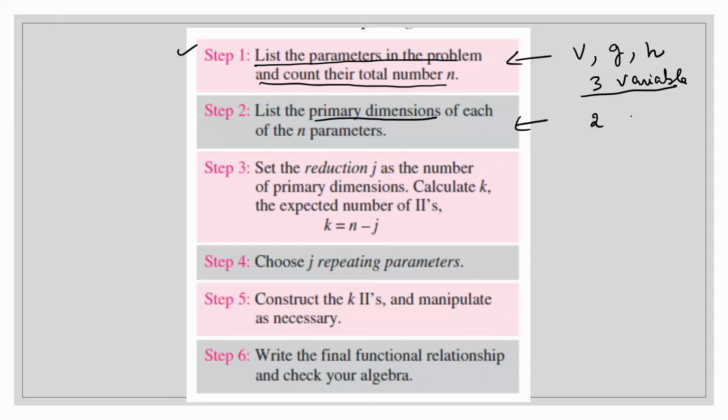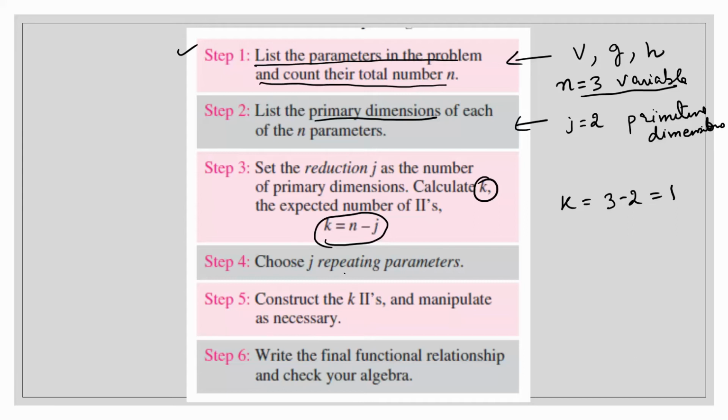There were two primitive dimensions, L and T. Then we have to calculate k, which is equal to n minus j. So this is n, this is j, and then we need to calculate k, that is 3 minus 2 equal to 1, and we need to choose j repeating parameters. So j is equal to 2.